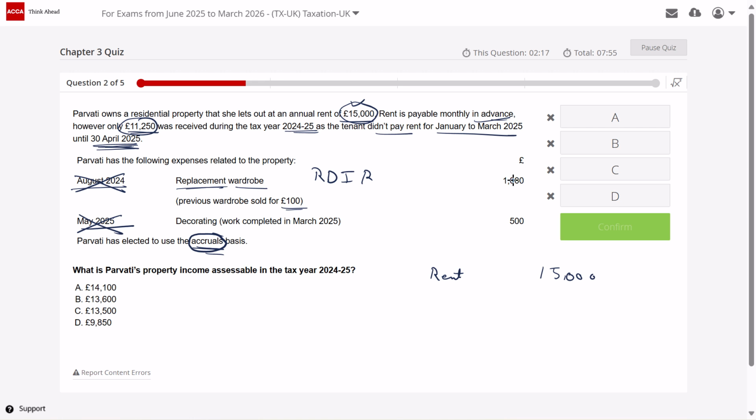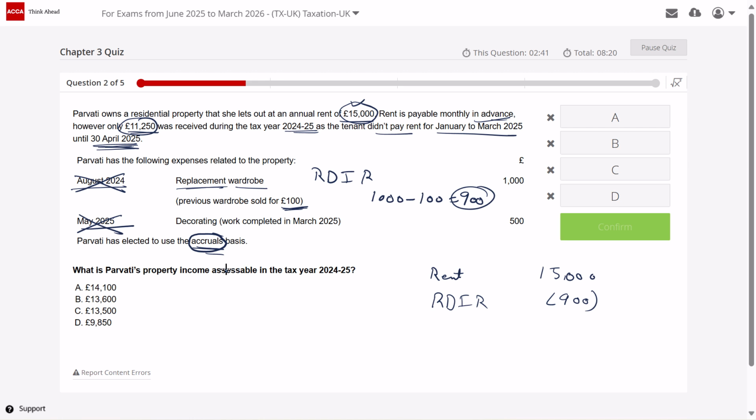So my replacement cost is 1000 less the scrap value, the value at which the previous wardrobe was sold, which is 900. So my net replacement cost is 900 only. So 900 would be allowed as a deduction as replacement domestic item relief.